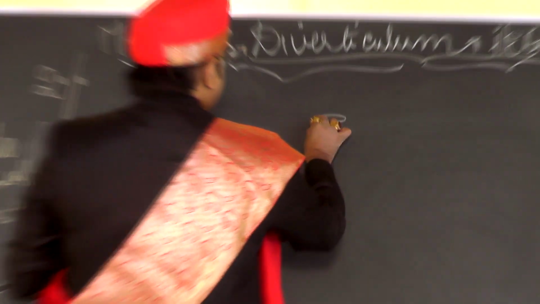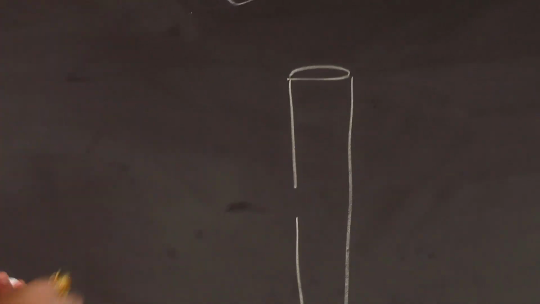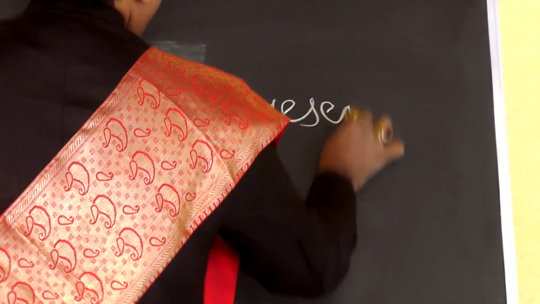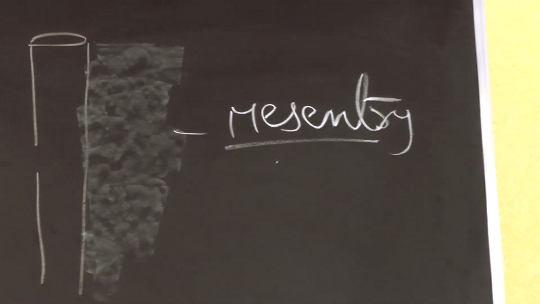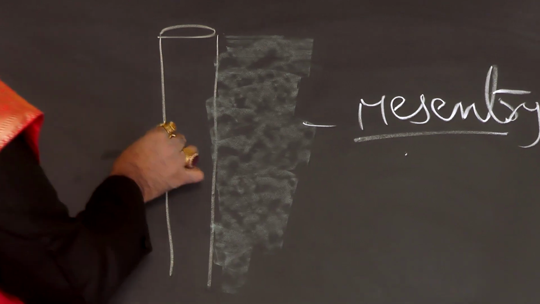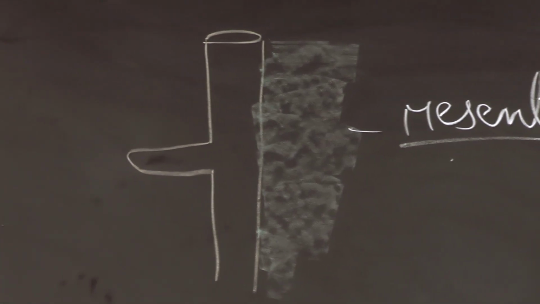Now if you see, this is the ileum, right? That is the ileum, what I am trying to draw in an adult. And here you have got the mesentery attached to the ileum. Along the anti-mesenteric border, you have got the Meckel's diverticulum.